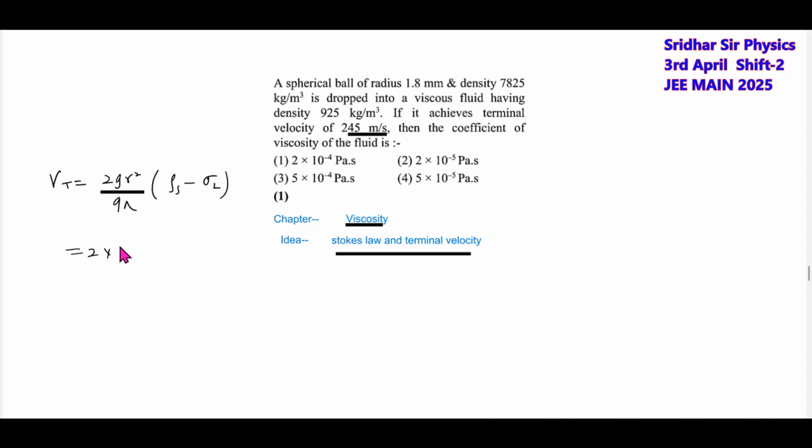The g value will be 10, diameter 1.8 into 10 to the power of minus 3, whole square, by 9 eta. The coefficient of viscosity is what we have to find out. The density of the solid dropped is 7825, and the density of the liquid is 925.